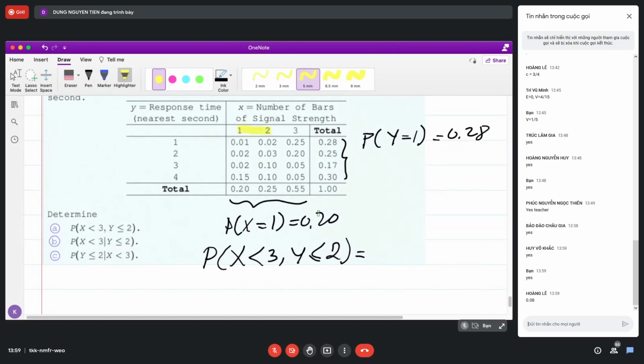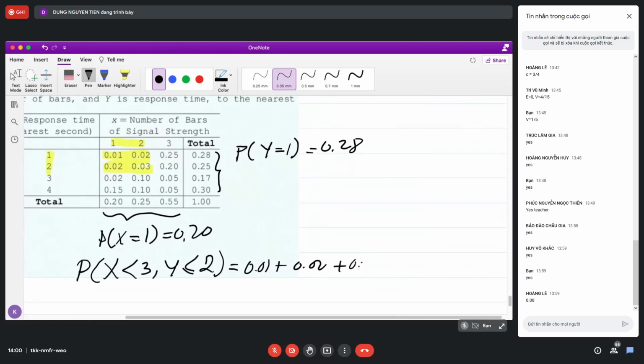Y is less than or equal to 2 if y is 1 or 2. Then you come up with the 4 values here. All right. Then this is 0.01 plus 0.02 plus 0.02 plus 0.03.